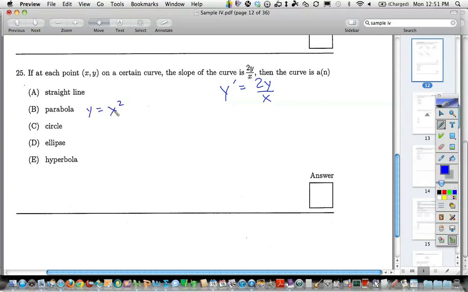And I did the derivative, and it was y prime equals 2x. And then that matched. And so if you put y prime in here, which would be 2x, and you put 2y in here, which would be 2x squared over x, the x cancels, you get 2x equals 2x, seems to fit.